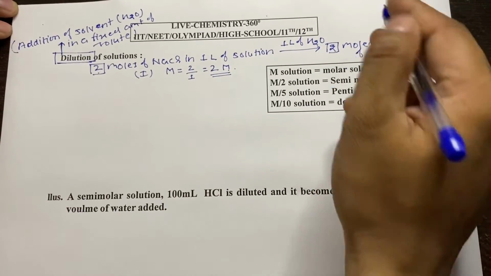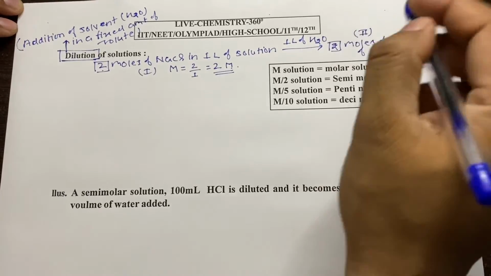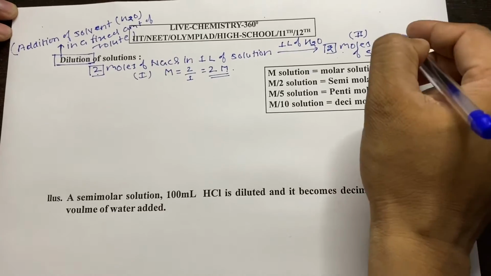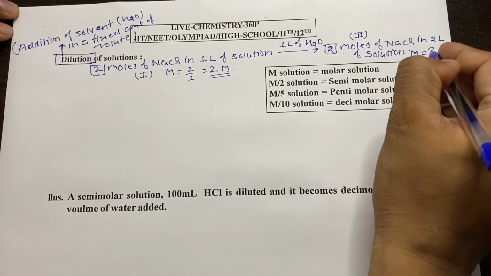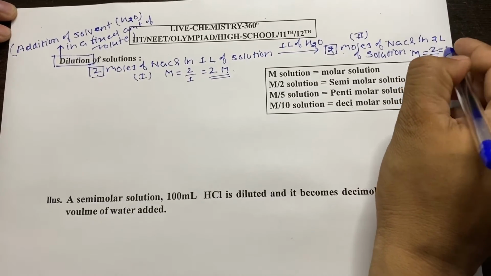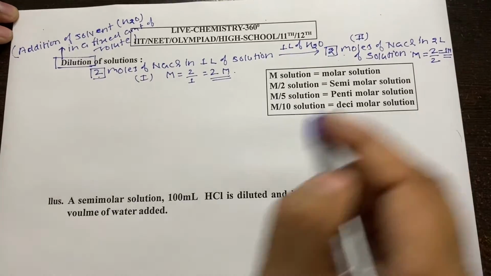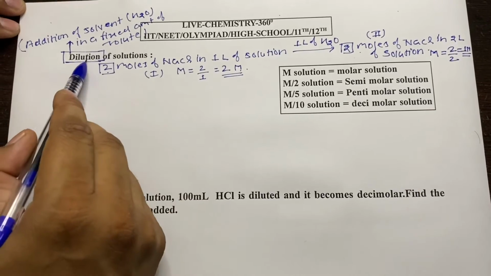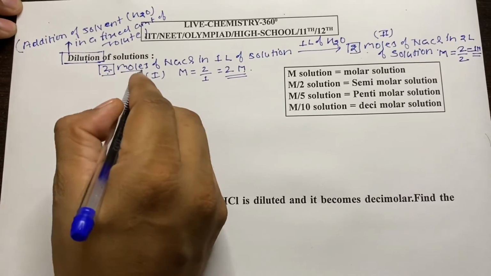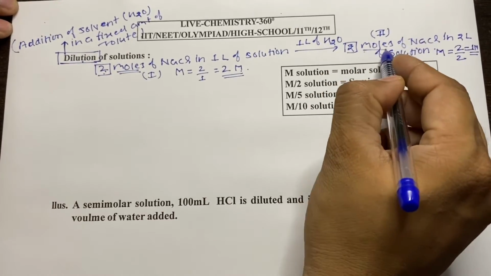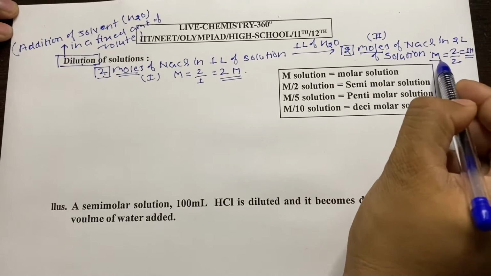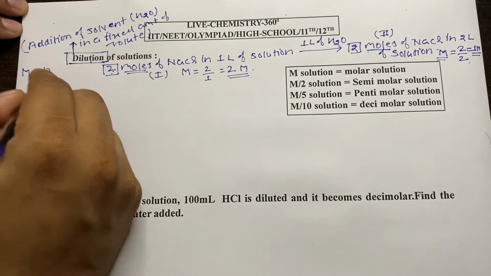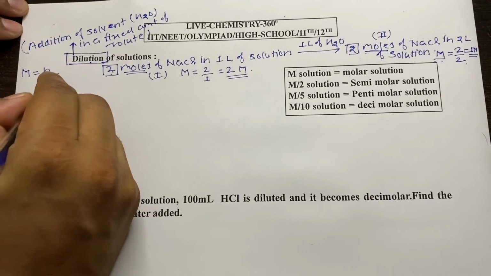Now after dilution the number of moles remains the same, so 2 moles of NaCl are present in 2 liters, so the concentration of this solution will be 2/2, equal to 1M. So it will be a molar solution. We have understood that on dilution the amount of solute, which is the moles of solute, remains the same, but the molarity of the solution changes, because molarity is moles per liter of solution.